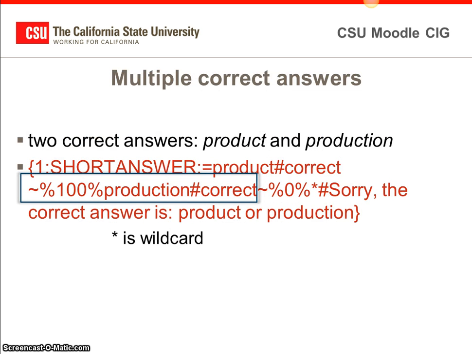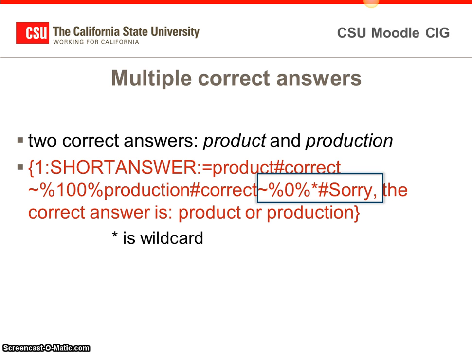It's also possible to designate more than one answer as acceptable by assigning 100% to the second acceptable answer. Notice also the use of the little asterisk, which can act as a wildcard for the purposes of providing feedback for any answer other than the 2 correct ones.